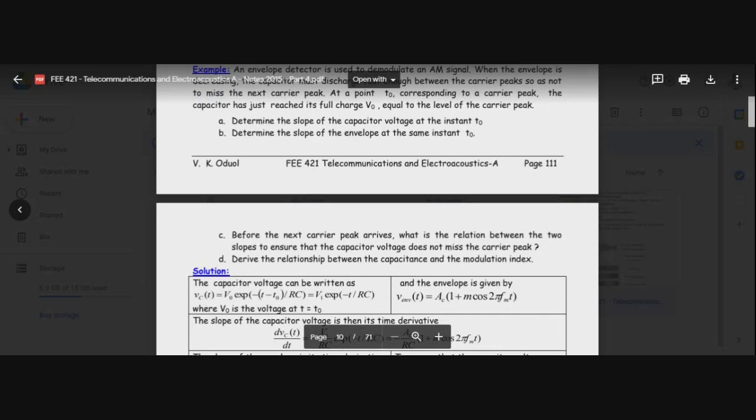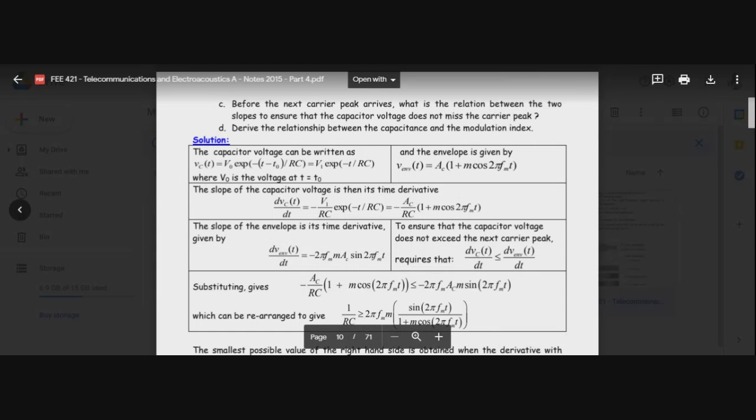This part I'm going to skip because it's reasonably straightforward. I've derived that expression. We take some derivatives, and we say that the derivative of the envelope should just equal the derivative of the capacitor voltage.